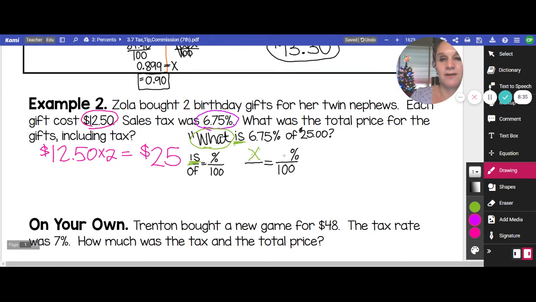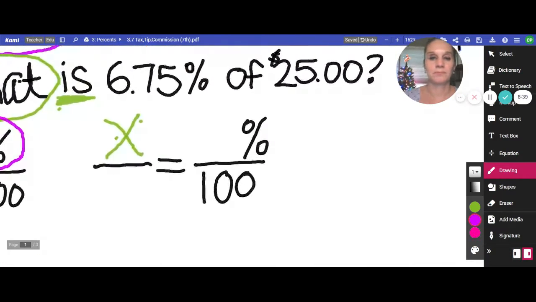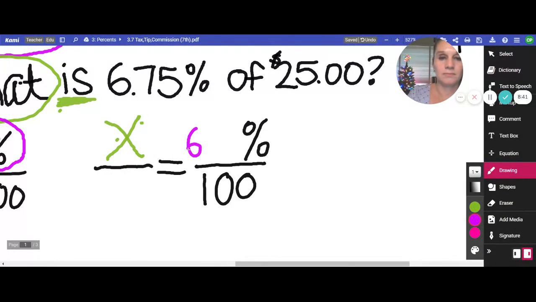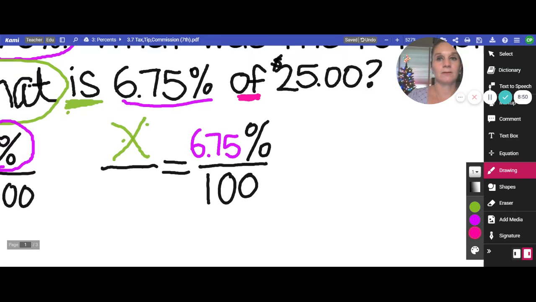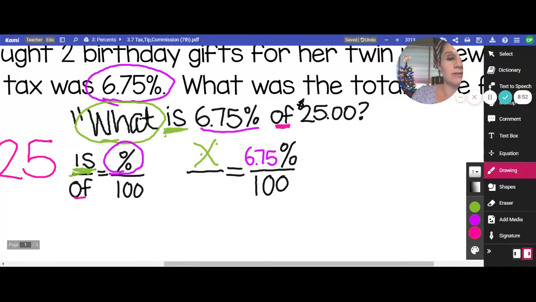So 6.75% is going to go right here. And then it says of. So our of is down here. So we're going to put it in the bottom, and we're going to put 25.